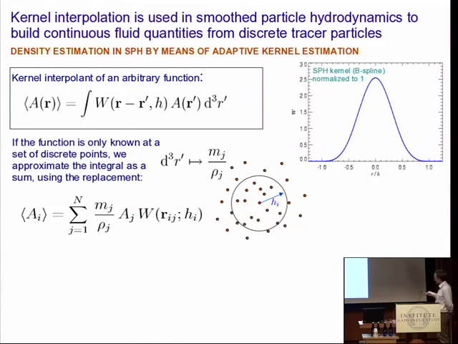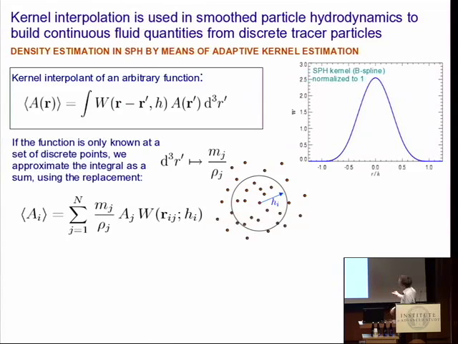So we have now a situation where we know a field only at the particle coordinates, and we want to construct from this an interpolant, basically a function that is defined everywhere. And that's done with the kernel interpolant technique in SPH. The idea is that you take this integral and you recognize I can replace this differential volume element here with the volume associated with a particle, which will be its mass over the density.